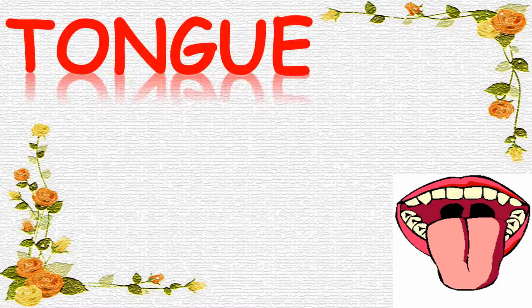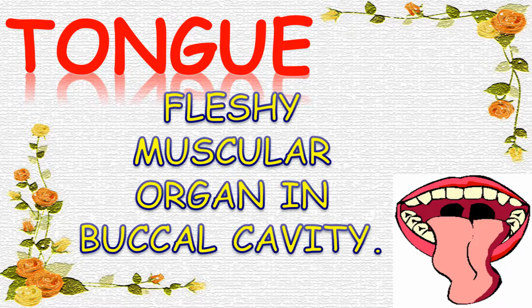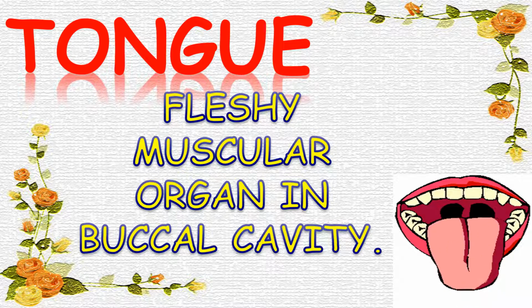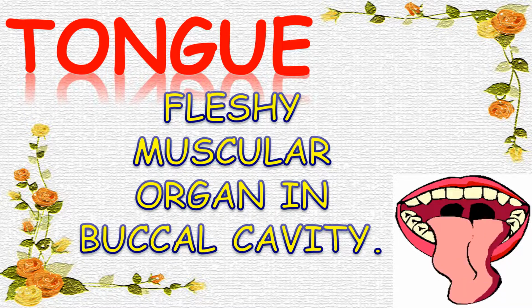We have another organ in mouth cavity, tongue. The tongue is a fleshy muscular organ attached at the back to the floor of the buccal cavity. It is free at the front and can be moved in all directions.